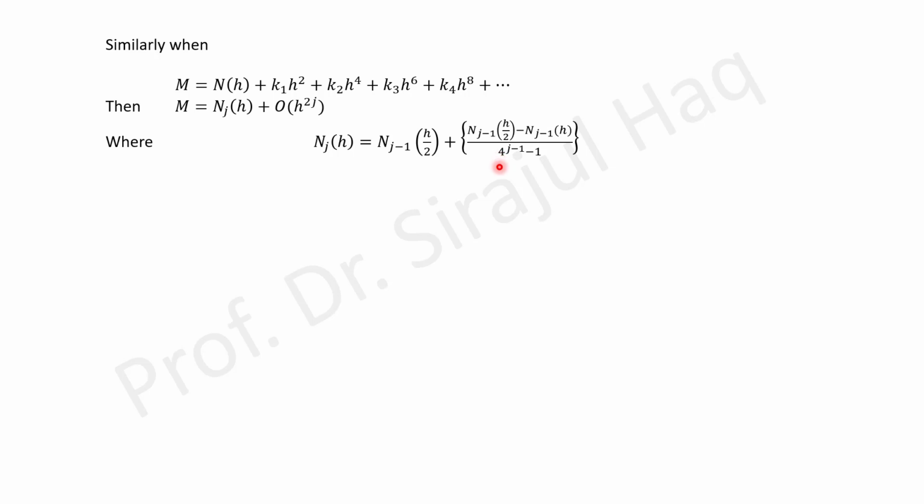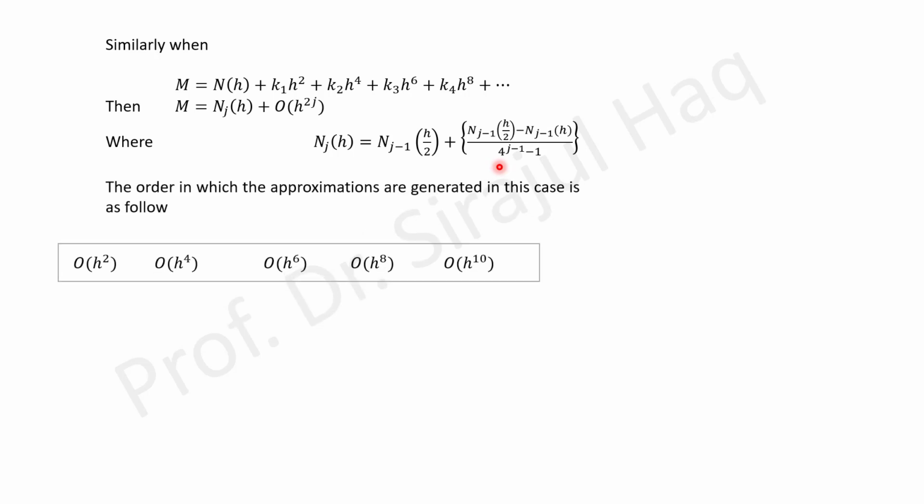So in this case, previously I told you that you are getting error of order h, then error of order h square, error of order h cube and so on. But this time you can see that the power is changing by 2. They are of even order. So what you will be doing? The same criteria as I told you before. For n2 of h you need n1 of h divided by 2, n1 as I discussed in the previous slide.